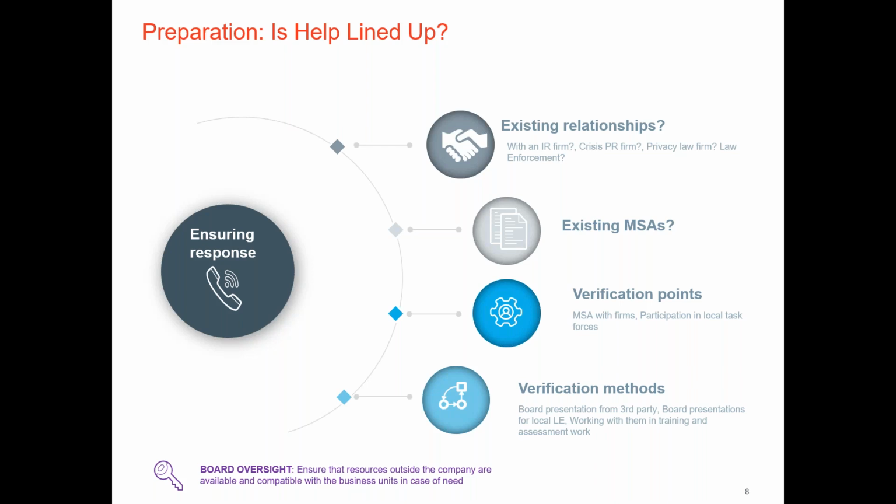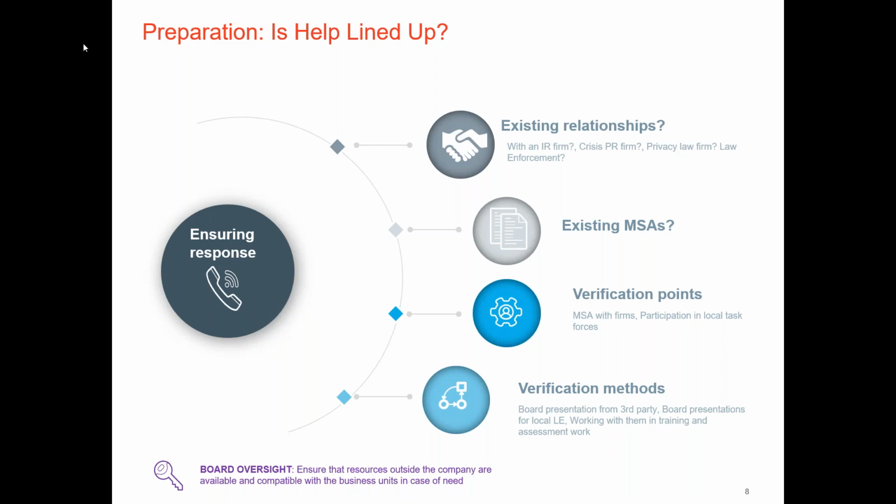And you need to make sure that your technical teams and your systems are known and comfortable and your approach is structured with your incident response firm so that they're not learning as they walk in the door trying to help you. All of this means making sure that you're taking the steps to line up the help that you need and making sure that you're putting in place the legal structures so that it's easy to draw them and you're ready to roll. James, any comment on this slide?